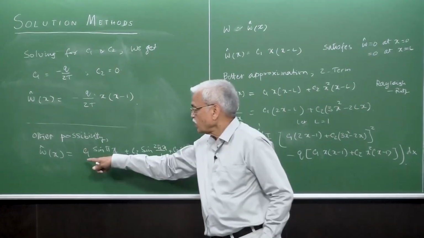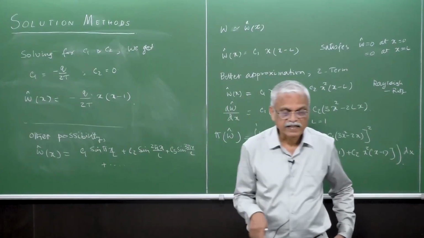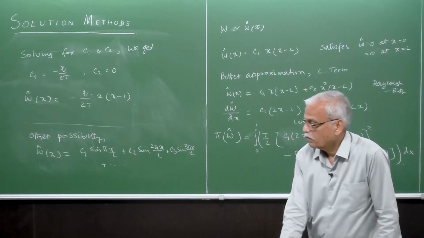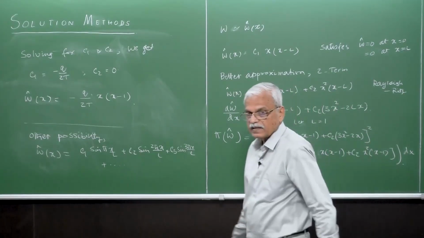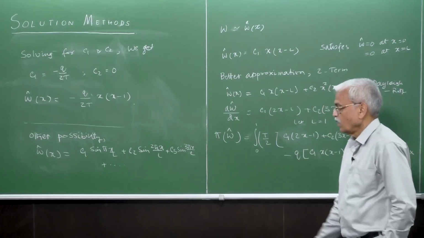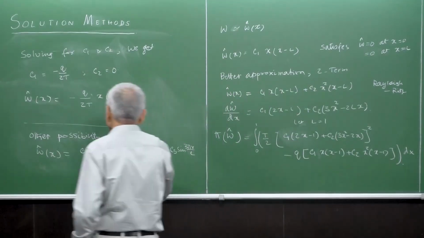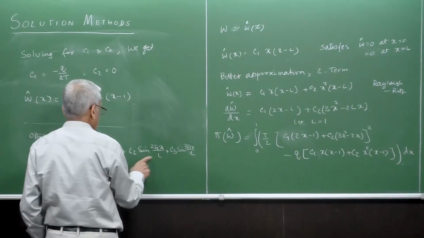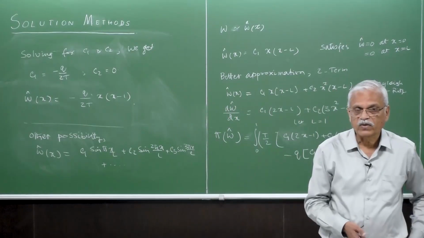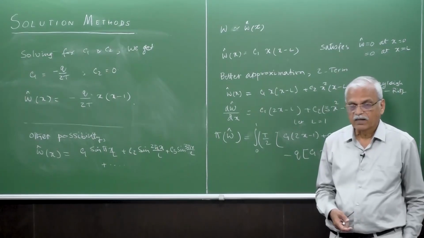So you can immediately see that whatever be the values of C1 and C2 and C3, this satisfies the boundary conditions. In fact, that is the precondition that it has to be an admissible function. So again here, you should appreciate that the terms which we are choosing are trigonometric terms, and these trigonometric terms come under the class of Fourier terms. Again, the Fourier series are a complete set.